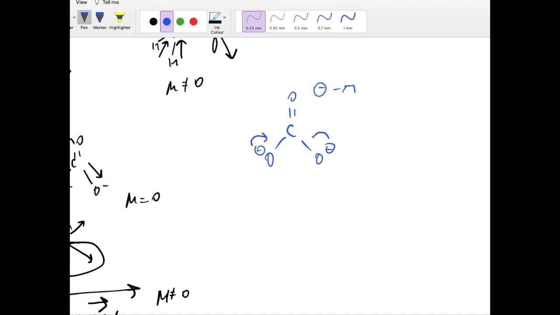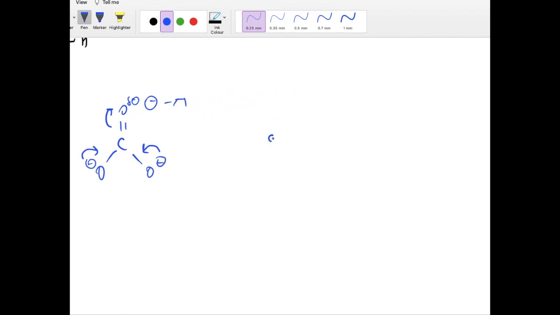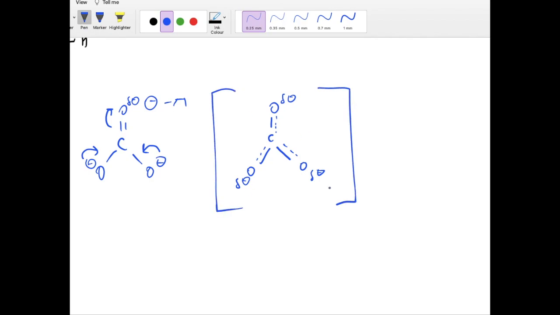So these could go in there and it would resonate, and the overall resonating hybrid, as we studied, would be something like this: delta negative, delta negative, and delta negative in square brackets. So you see, all these bonds are basically the same thing. There's no difference in these bonds.